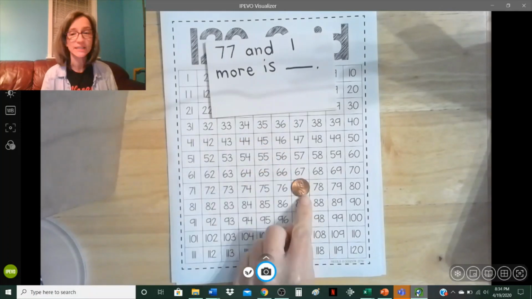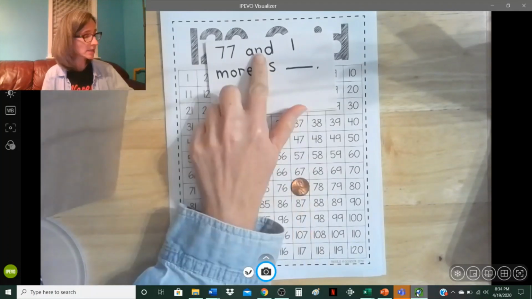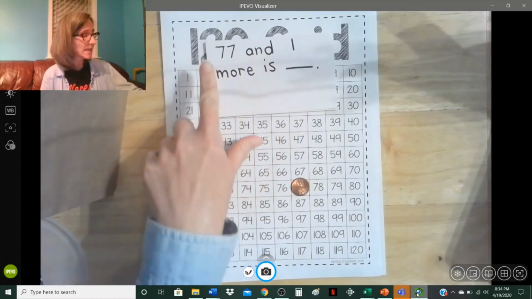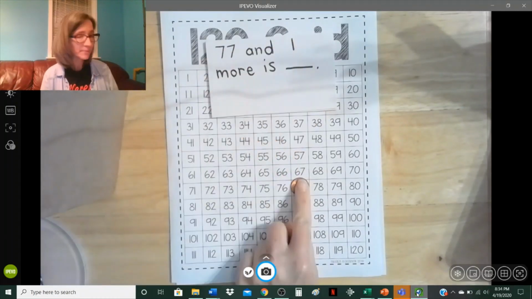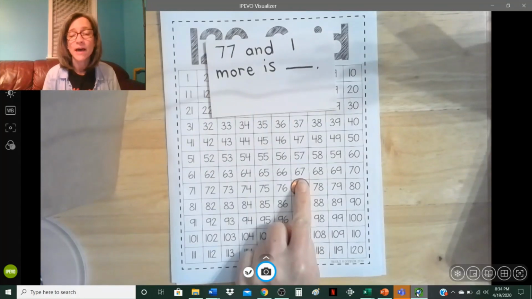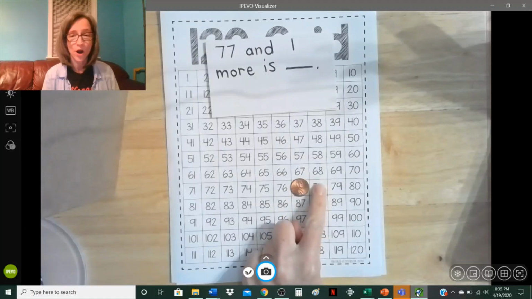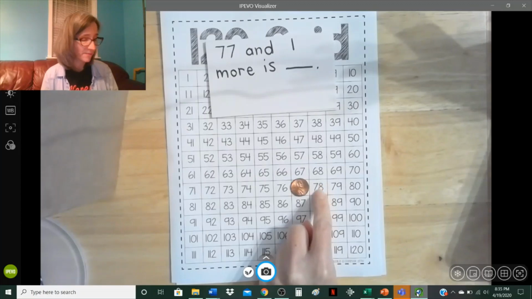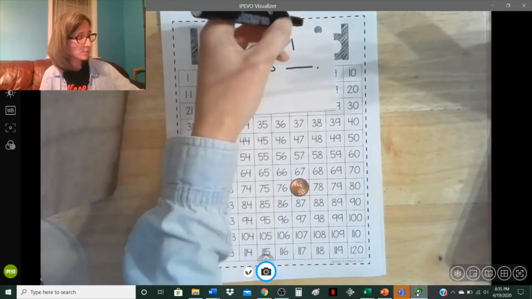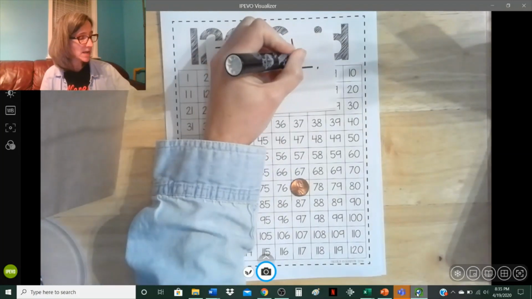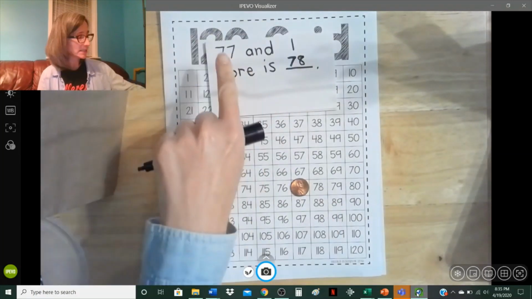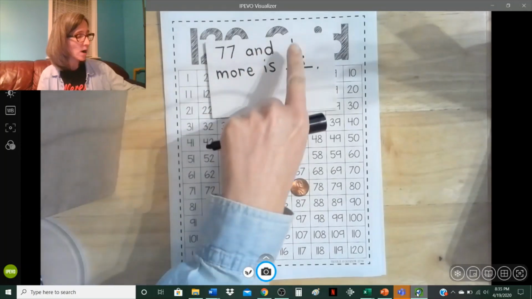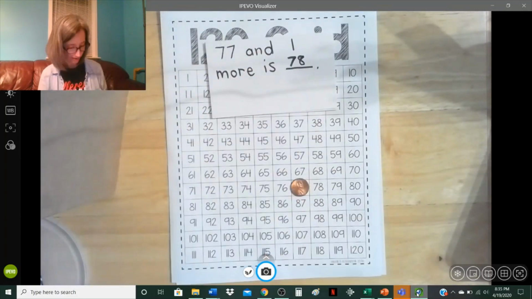If I start at 77 and my clue tells me to get 1 more, I'm going to start with my finger on 77, but I'm going to go 1 more with my finger. If I go 1 more, what number do I land on? That number is called 78. So 77 and 1 more is 78. Let's read our sentence. 77 and 1 more is 78.